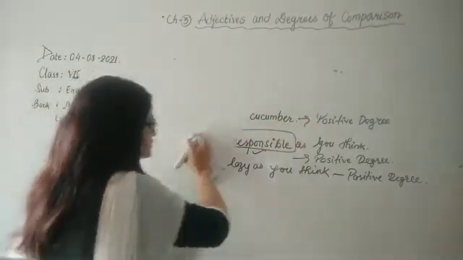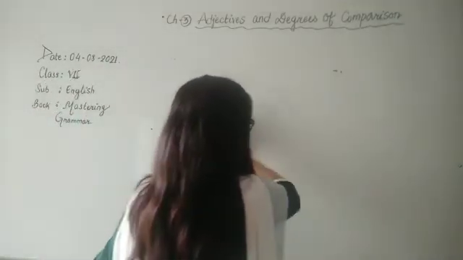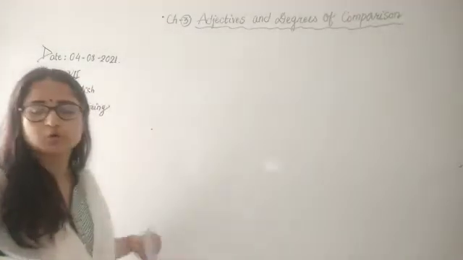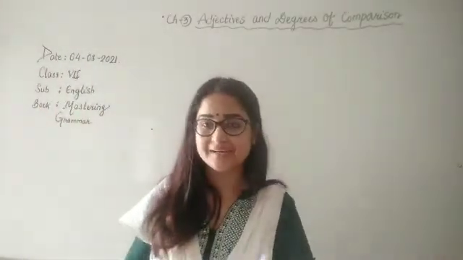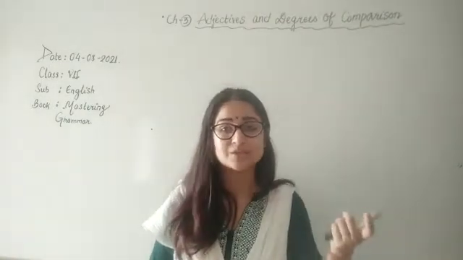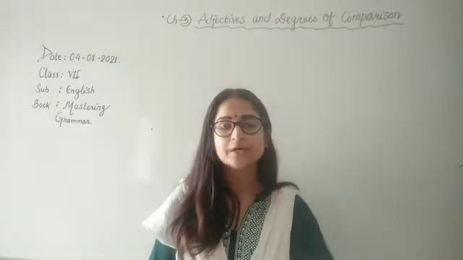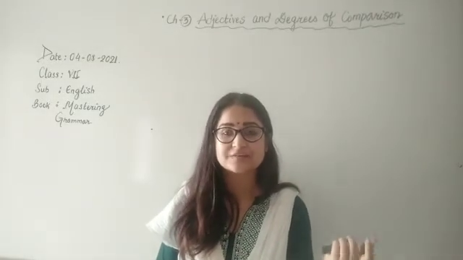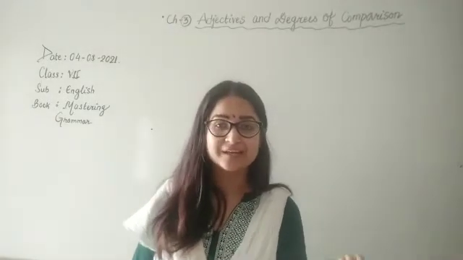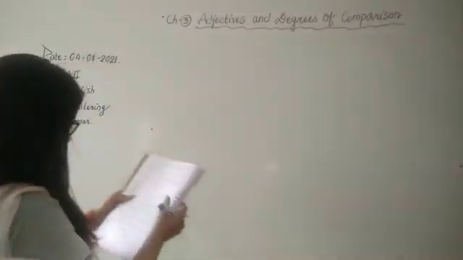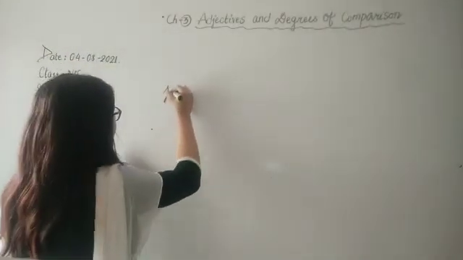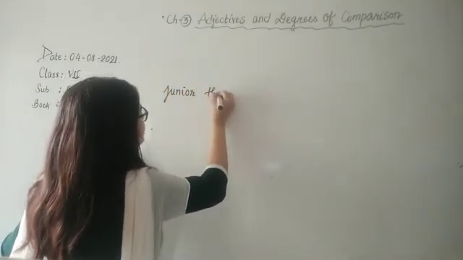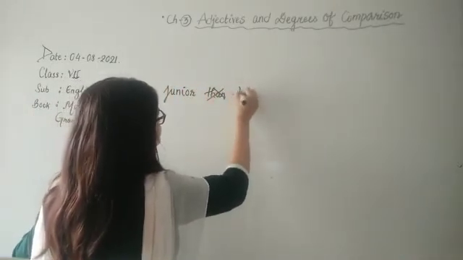You should understand how you are going to use than for the comparative degree. You are not going to use than with the adjectives ending in OR, like junior. When we say junior, we are not going to use than. Instead, we are going to use to with it.